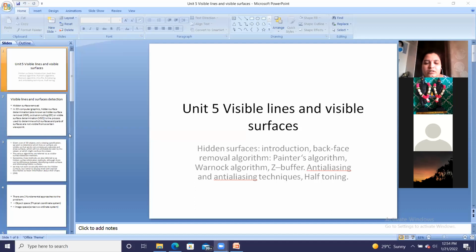We have seen that we find the visible surfaces with visible surface detection methods, or they are also called hidden surface removal. So one and the same thing: we are finding out the visible surfaces or we are removing the hidden surfaces. Both are the same.